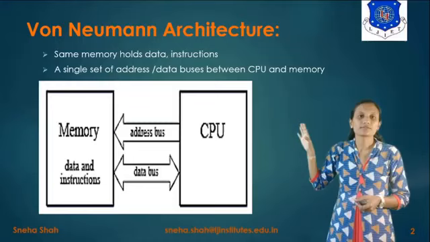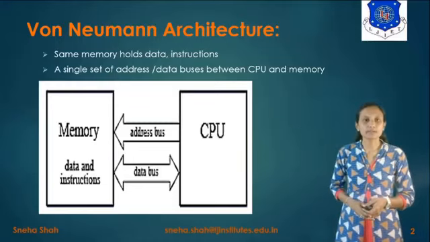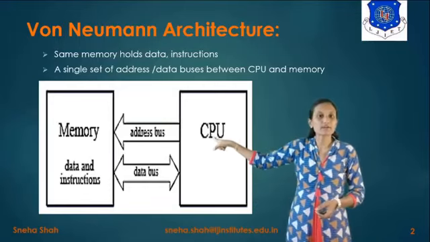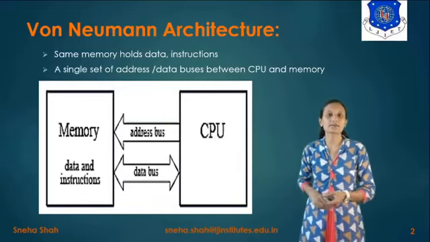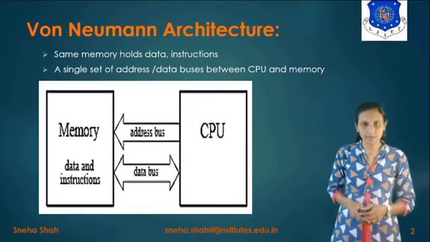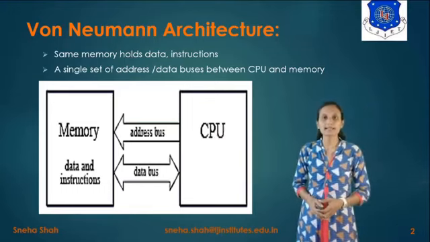This kind of architecture is considered as Von Neumann architecture, but in it the memory location for the data as well as for the instruction remains the same. So it generates the bottleneck problem. First of all, what is the bottleneck problem?